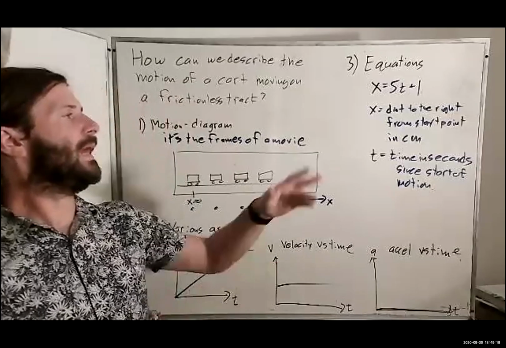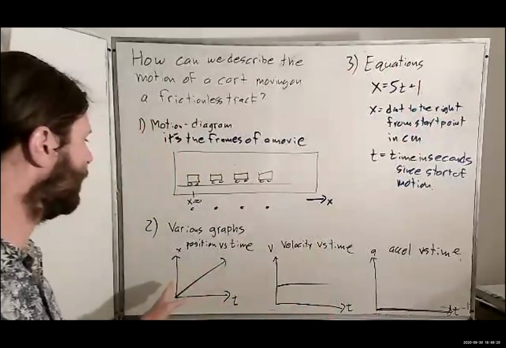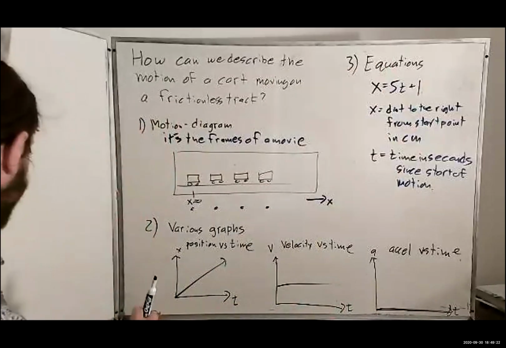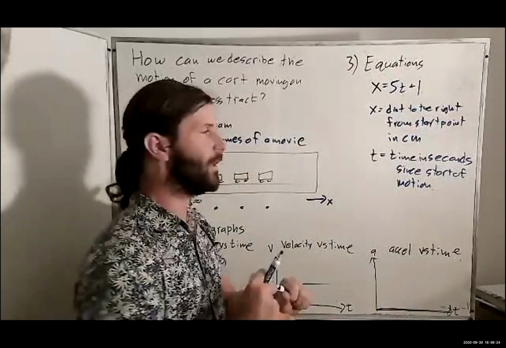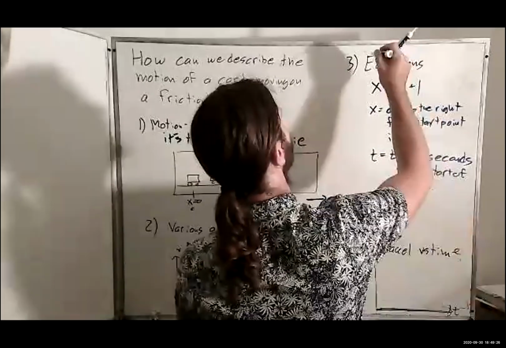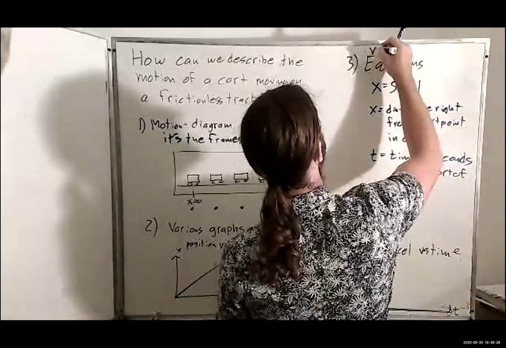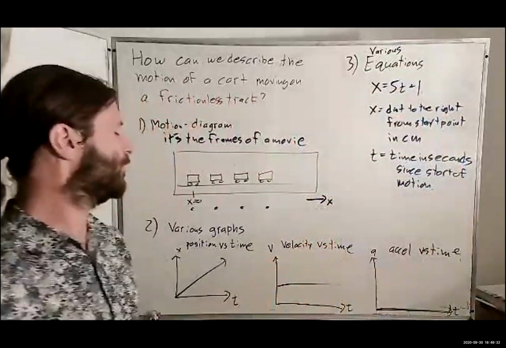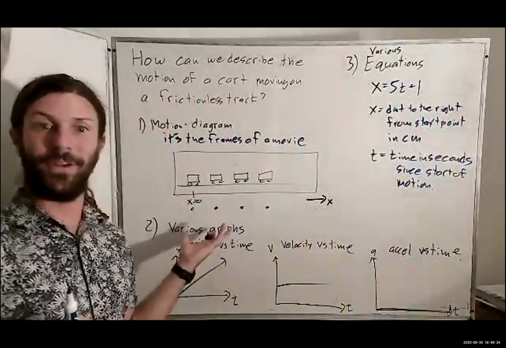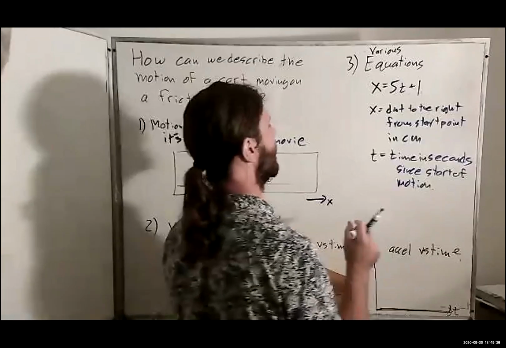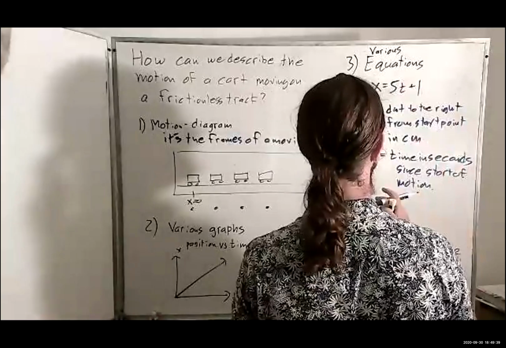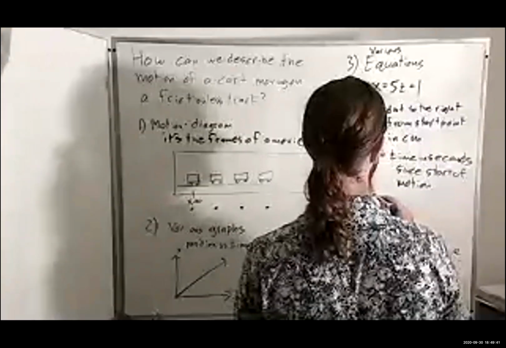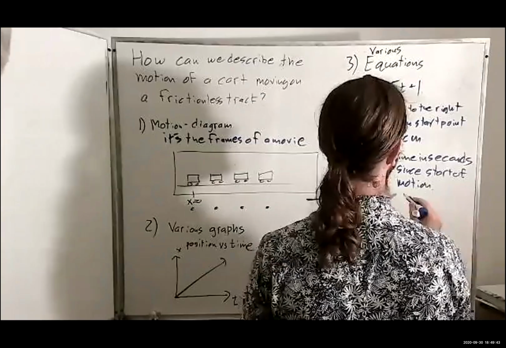Let's add something here to make this look better: various equations. Kind of like there are various graphs, there are various equations, because you can have x equals something. You can also have v equals, I'm just going to write blah.